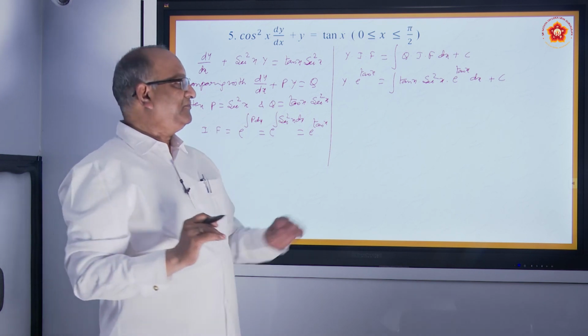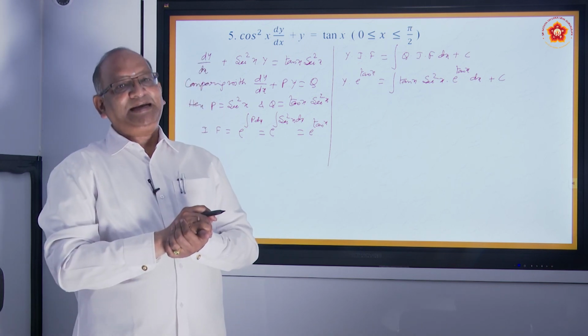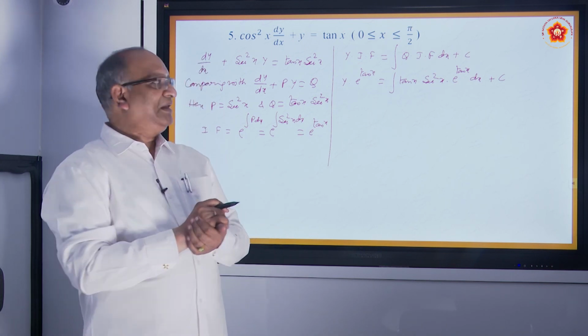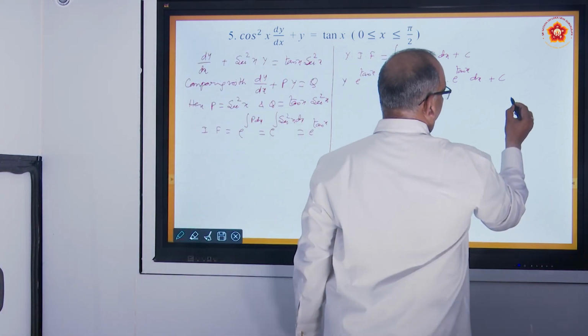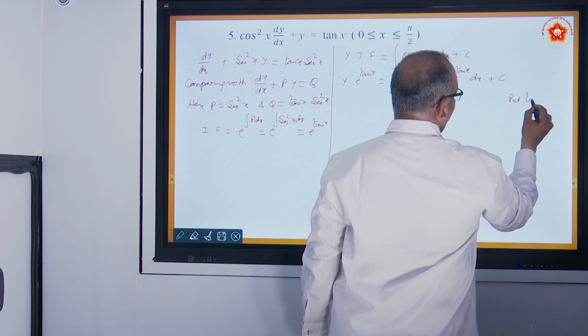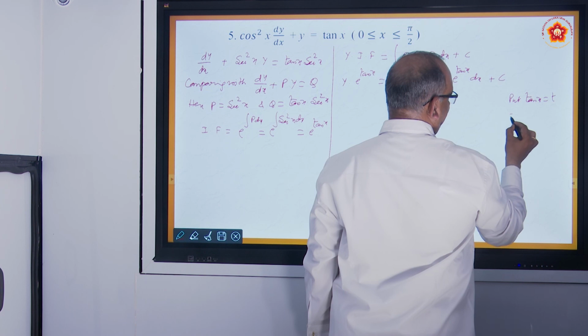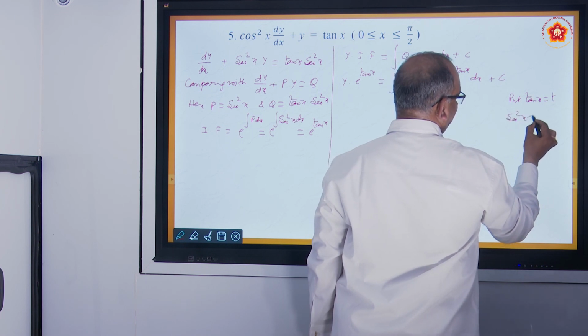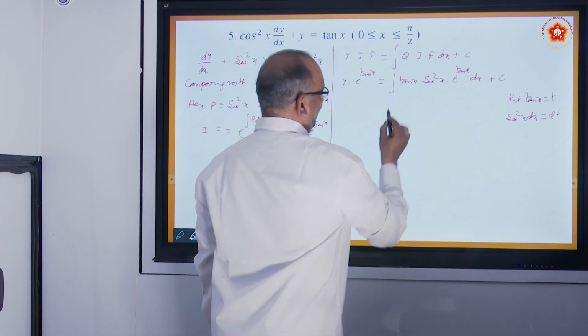How do you get the solution? When you integrate this. How to integrate? In order to integrate it, we will consider tan x as t. Put tan x equal to t. Differentiate both sides, you will get sec square x dx equal to dt. Make that substitution here.